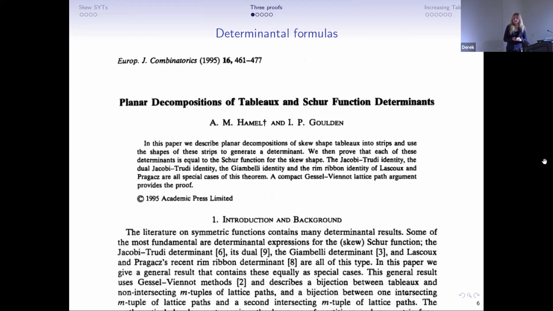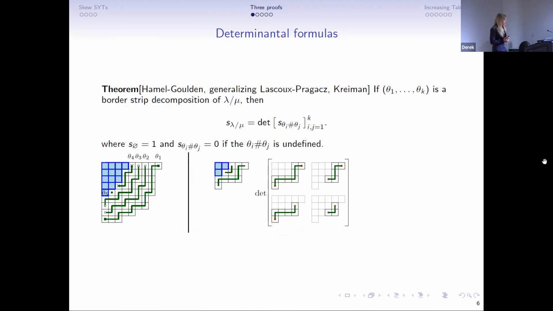And what is the statement that we are going to use? So here is a particular planar decomposition of a Young tableau, and I think that my clicker ran out of battery, so I cannot really show you what to look at. Yeah, okay.